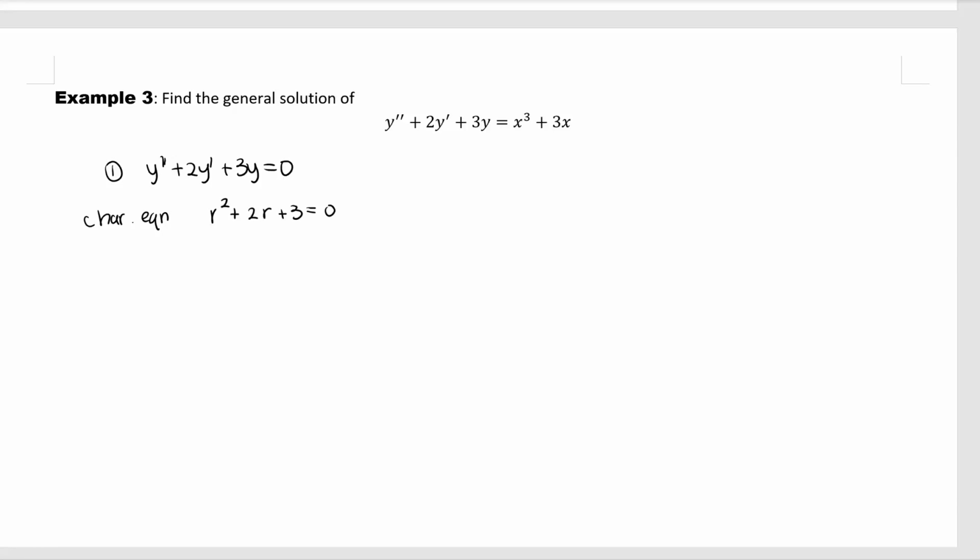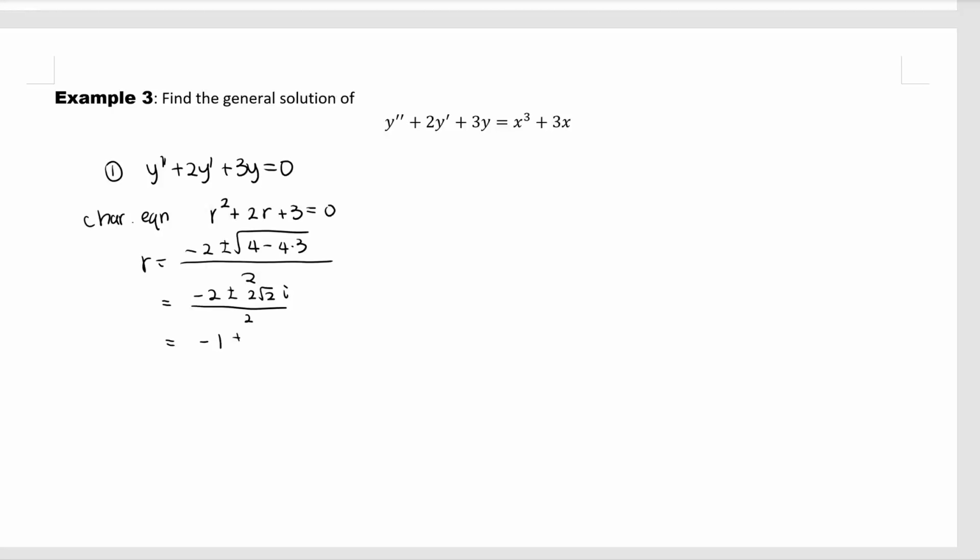All right, so we use the quadratic formula, so it's negative b plus or minus the square root of b squared minus 4ac, over 2a. So we get, here we have negative 2 plus or minus the square root of negative 8, over 2. So square root of 8 is 2 root 2, times i, over 2.